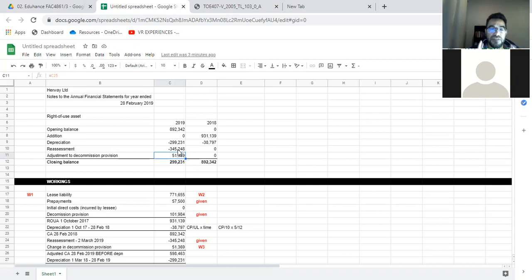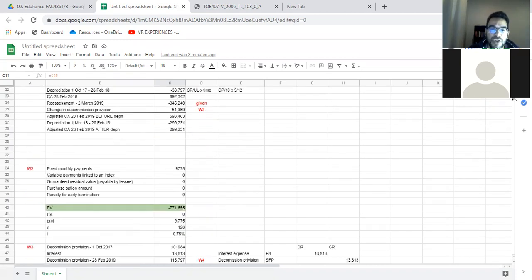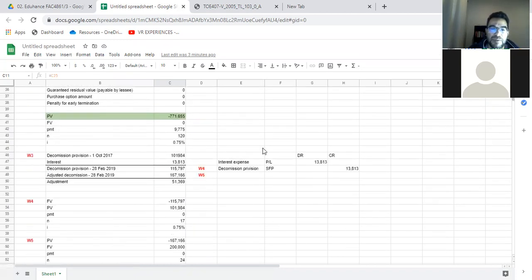So remember, it's very important to understand with the right of use asset, when it comes to subsequent measurement, there are two sets of journal entries. The journal entries relating to the right of use asset and the journal entries relating to the lease liability. With the right of use asset, we usually have the depreciation. But because the right of use asset also has a decommissioning liability, don't forget, every year you must process this subsequent measurement journal relating to the decommissioning liability as well.